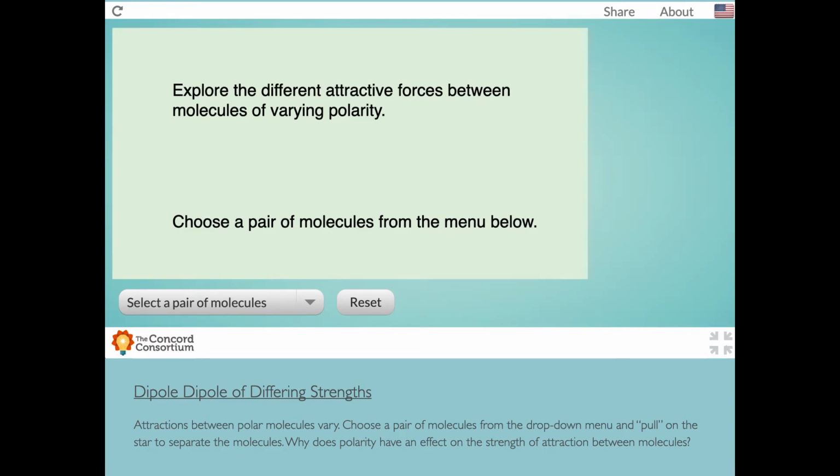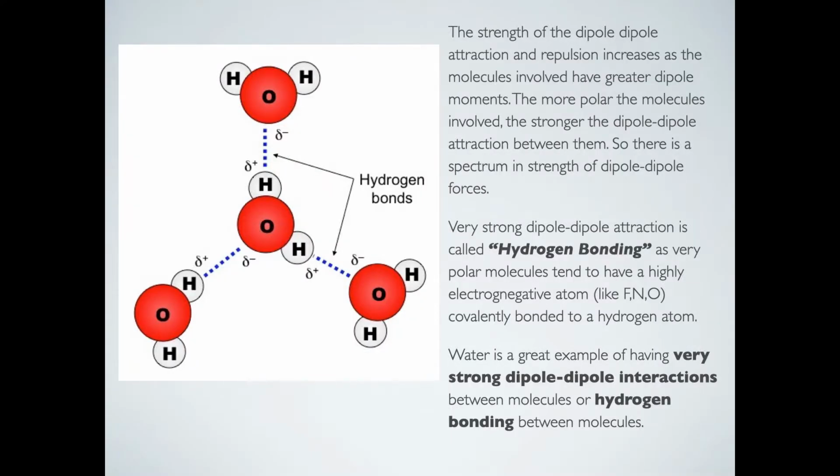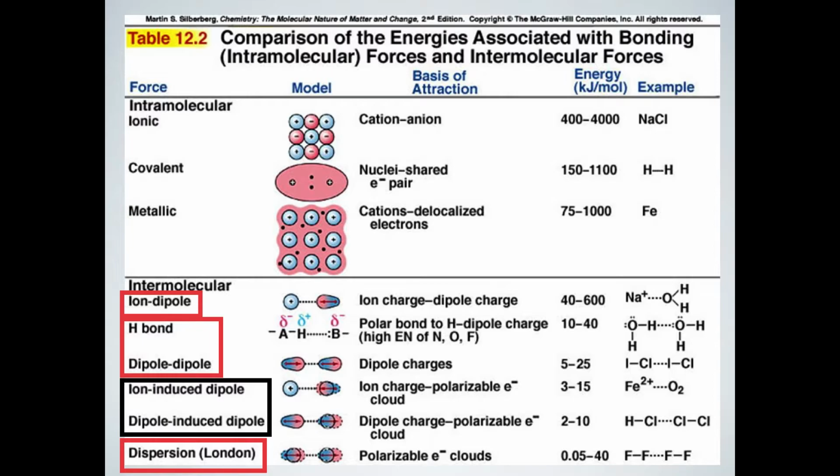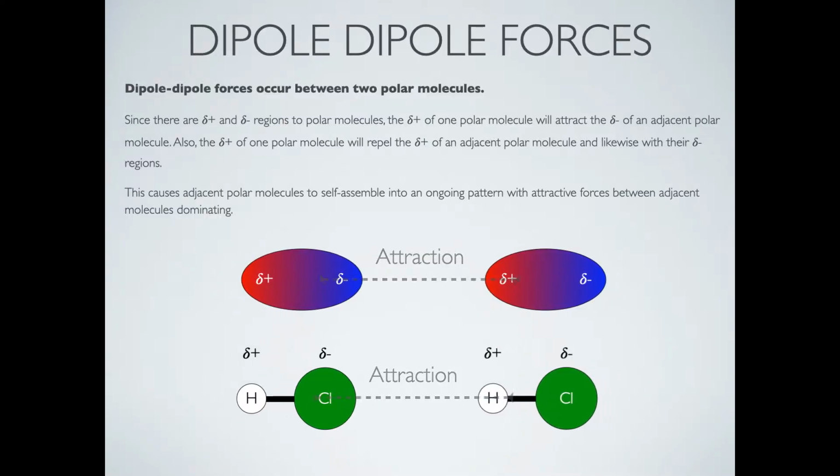So dipole of differing strengths. Okay, there's a wide range of strengths in dipole. I'm just going to zip back and let's take a look at this one. Let's find dipole on the intermolecular one there. And there we go. It's the third one down. 5 to 25. That's an awful broad range, okay? Let's look at the range even more.